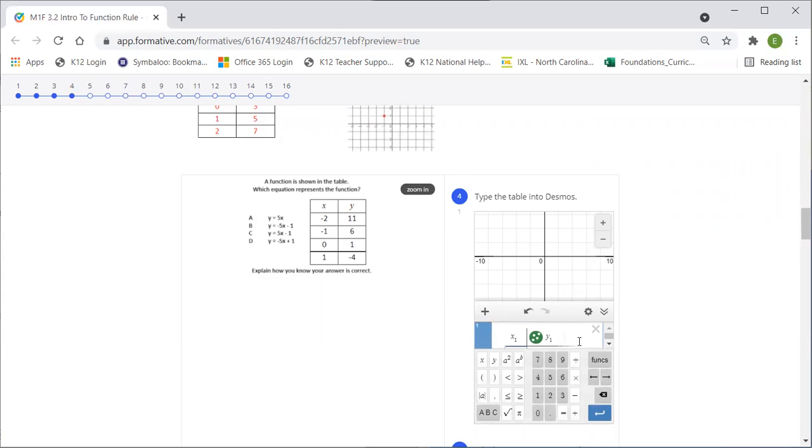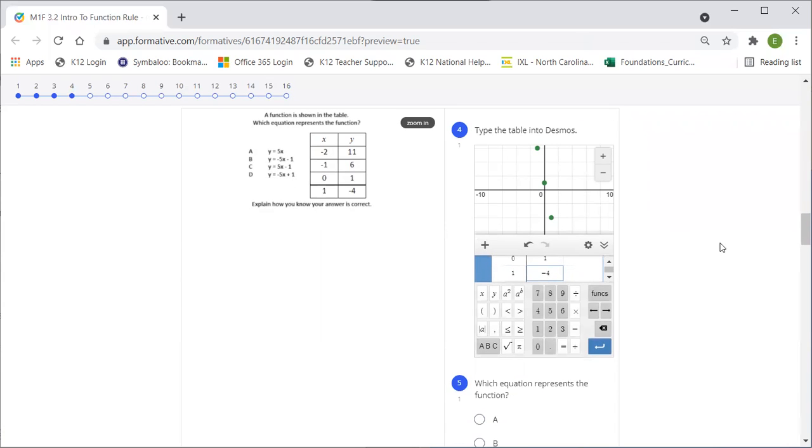When you put this table in, we have -2 and 11, -1 and 6, 0 and 1, and 1 and -4. It gives us this graph that looks like so.